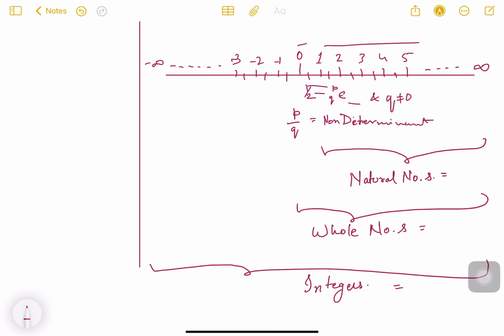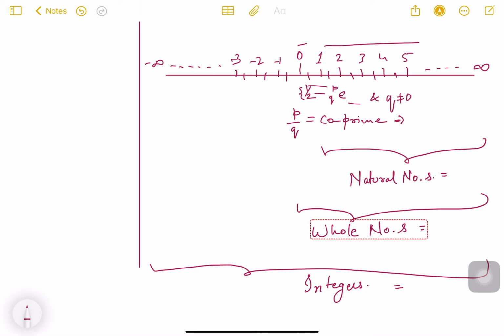That's why we don't have Q as 0. Also, P by Q must be such that they are co-prime.